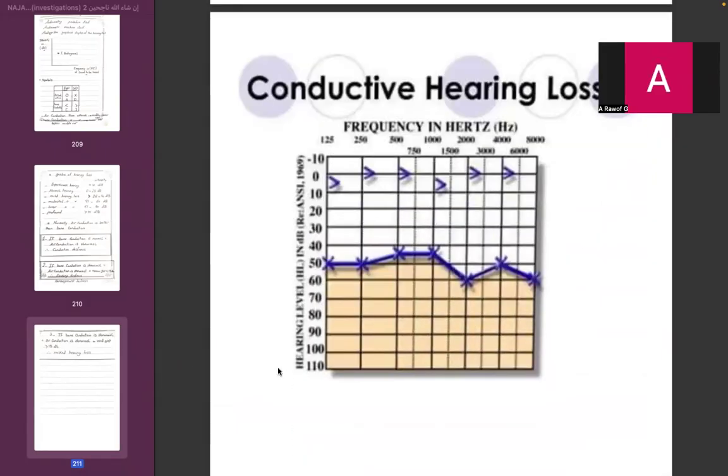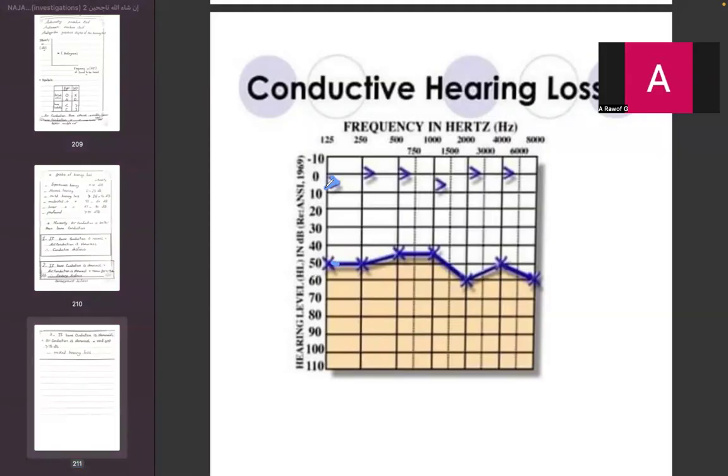So let's take a slide here. Now if you see, the color is blue, and this is a closed bracket.